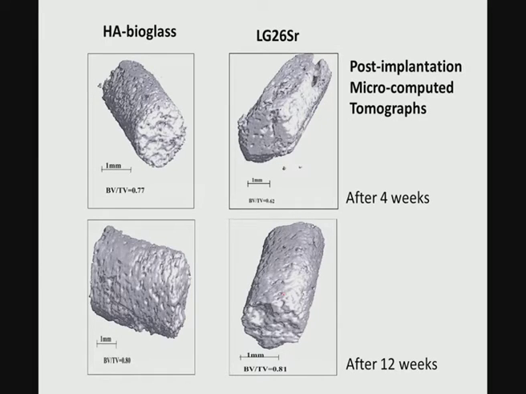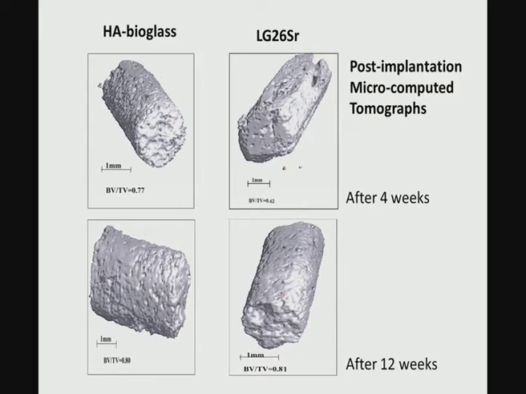One of the things I mentioned while discussing the preclinical study is that microcomputed tomography is now extensively used to quantify the bone regeneration process, and also to develop a better qualitative understanding of bone formation in 3 dimensions.